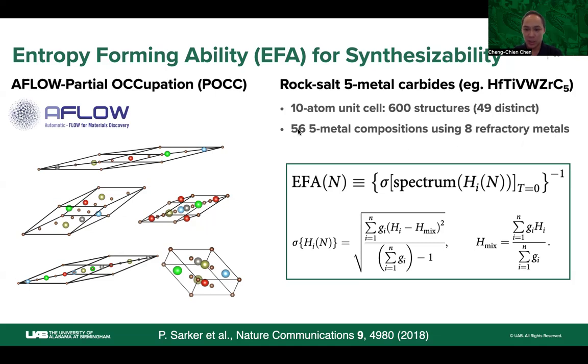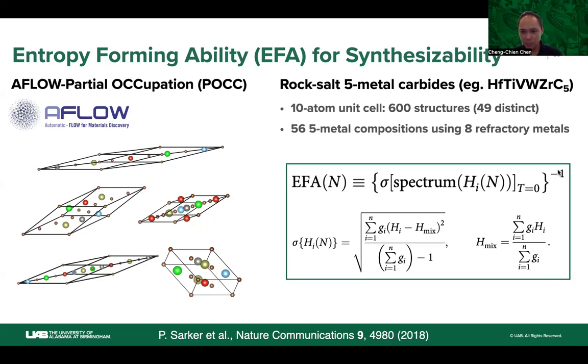The calculation proceeds as follows: for a given chemical composition, we compute the formation enthalpy for all 49 distinct POCC structures, and from the resulting distribution, the width of the distribution in the enthalpy, you can define the EFA value, which is like the inverse of the distribution.